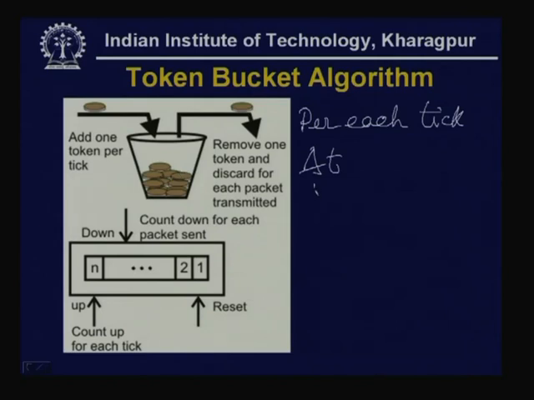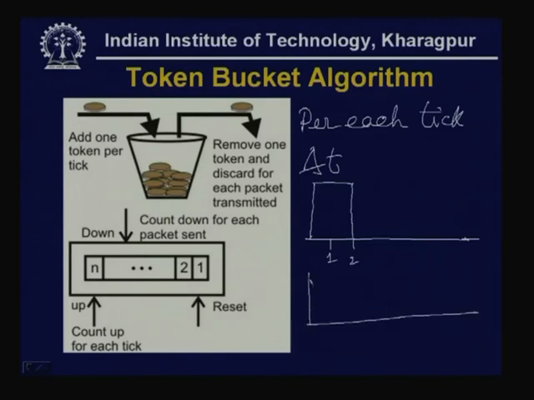So let us consider the same example. Suppose it has received data at the rate of 10 megabits per second for 2 seconds, because of the burst nature of traffic. In case of token bucket, what will be done?